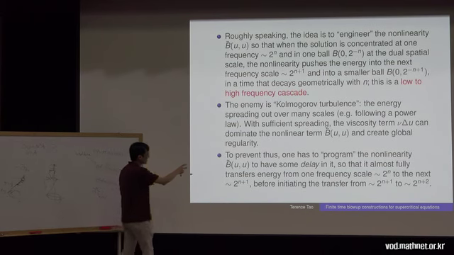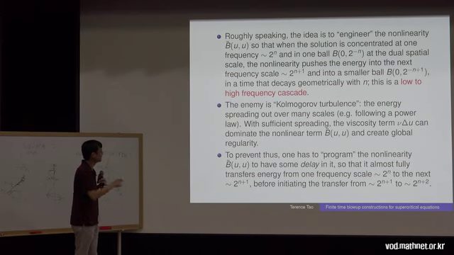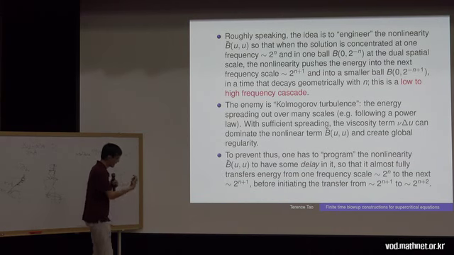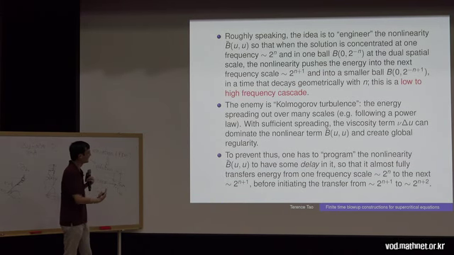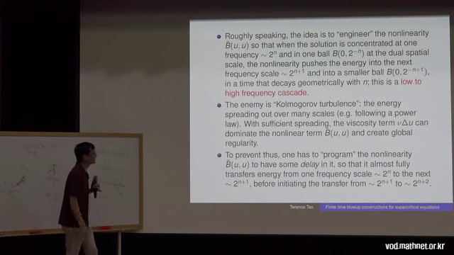So I built this nonlinearity, which is rather complicated, out of smaller, simpler nonlinearities which behave like logic gates, AND and OR gates, and I had to program a simple clock so that your solution only moves from one frequency to another after a certain time delay.